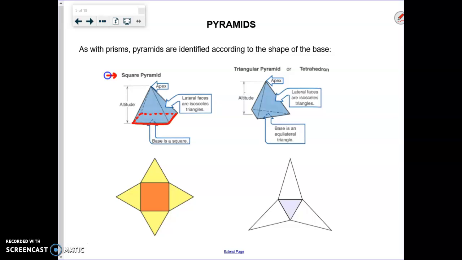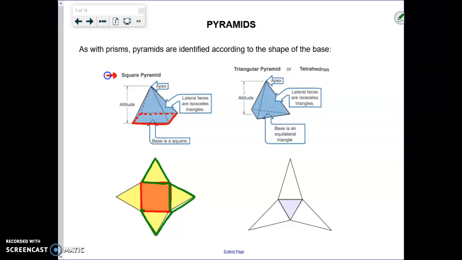And the lateral faces are going to be all triangles, in this case isosceles. Here is your base in orange, and then you have the 4 yellow triangles which make up your lateral faces. In this case, they're all isosceles.